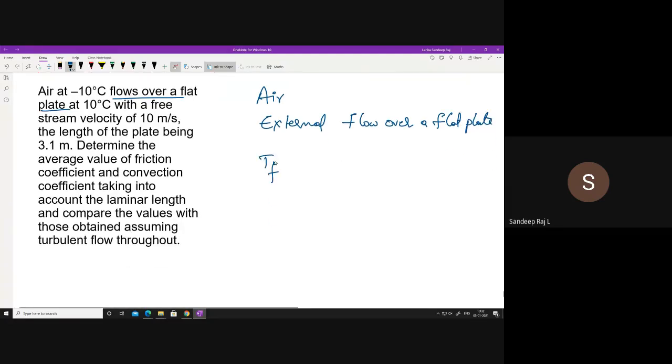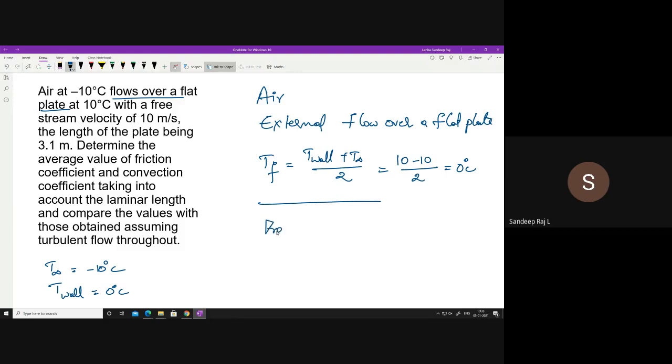To find TF, you should have T wall and T infinity. T infinity is minus 10 degrees centigrade and T wall is given as 0 degrees centigrade. So what you get here is (10 minus 10) by 2, which is equal to 0 degrees centigrade. All the properties are to be evaluated at 0 degrees centigrade.